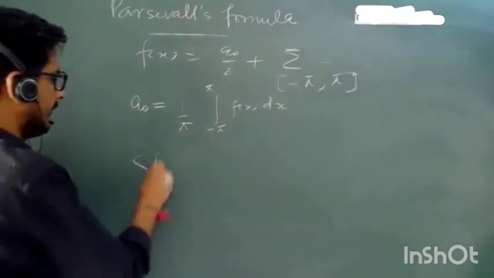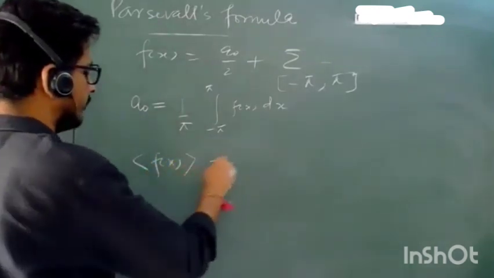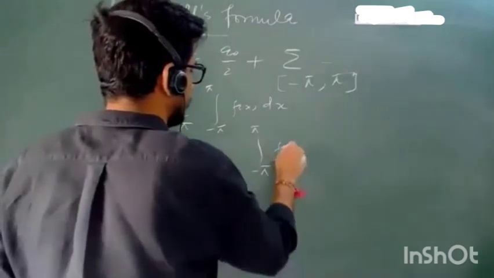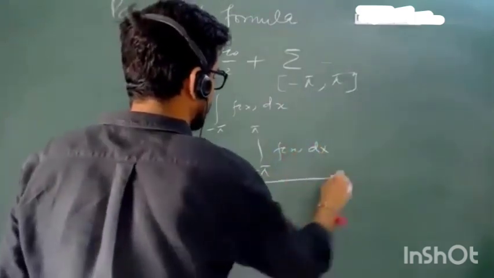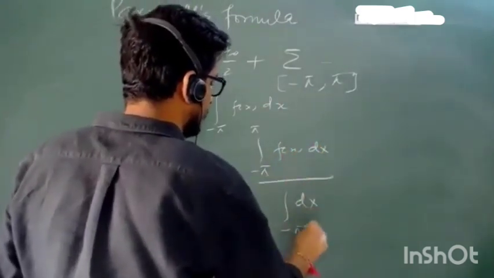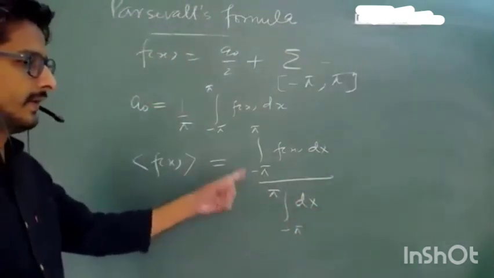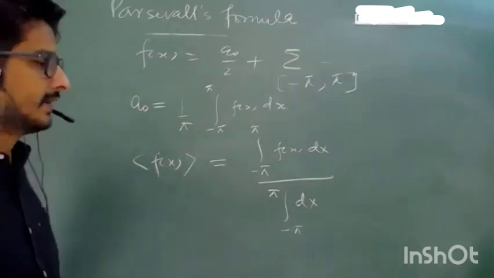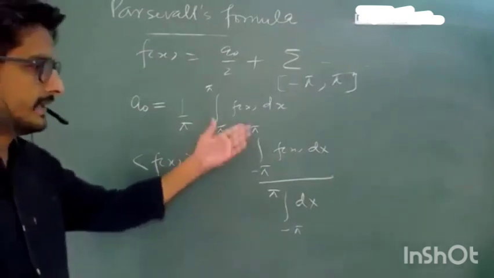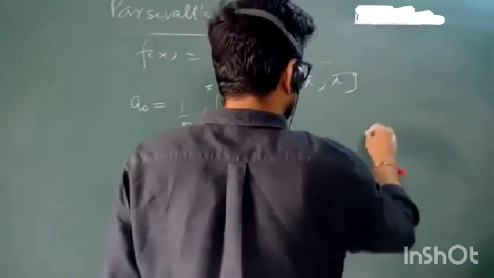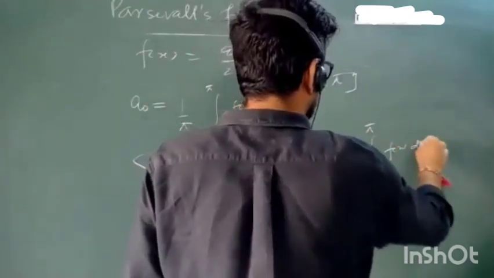And if I take the average of f of x, what is the average of f of x here? It will become integral minus pi to pi f of x dx over integral dx from minus pi to pi. This is the definition of average. A question comes directly in TIFR, to calculate the average of a function. So whatever range is given, this will become integral minus pi to pi f of x dx over 2 pi.